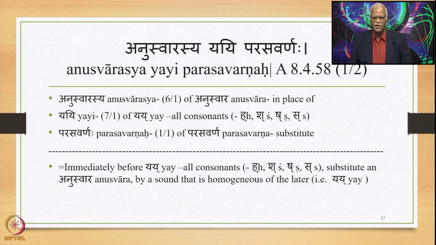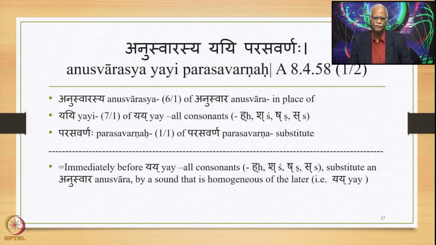So the sutra means immediately before yai, that is all consonants minus h and sh and s, substitute an anuswara by a sound that is homogeneous of the latter, which means yai.